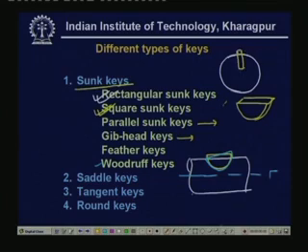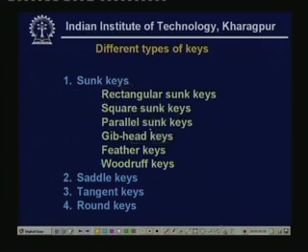So when a deep slot is cut, it reduces the strength of the shaft considerably. This is one of the disadvantages of the Woodruff keys. Now, these are roughly the types of sunk keys. There are other types of keys which I am going to explain.